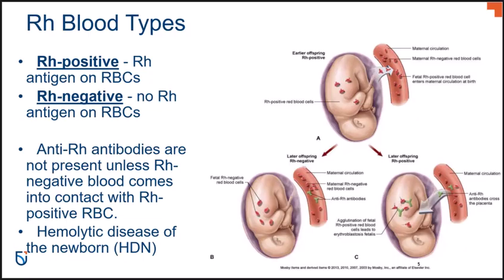I also have the B antibodies present within my plasma. But I'm negative. That means I do not have Rh factor or the Rh antigen on my red blood cells. It's just not there. But I also don't have any antibodies against Rh. We can assume that my body knows nothing about Rh factor.